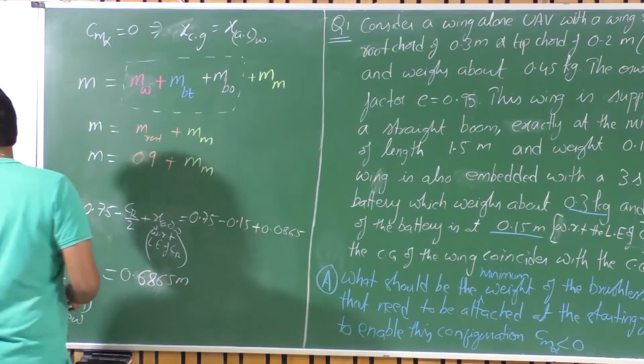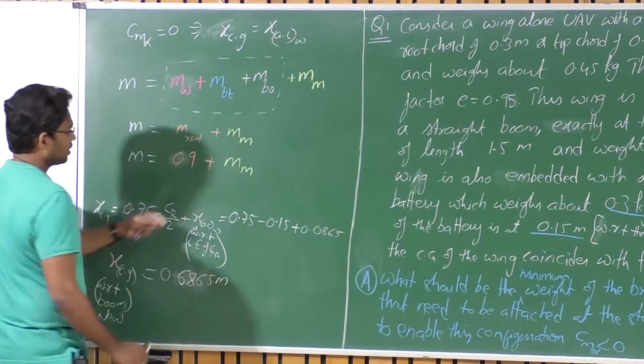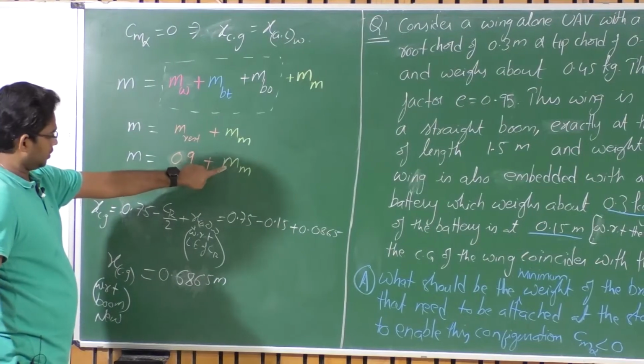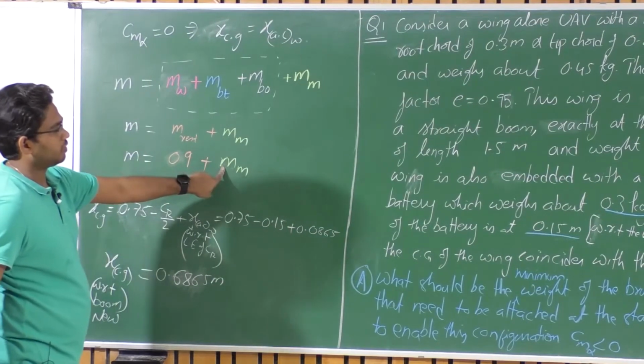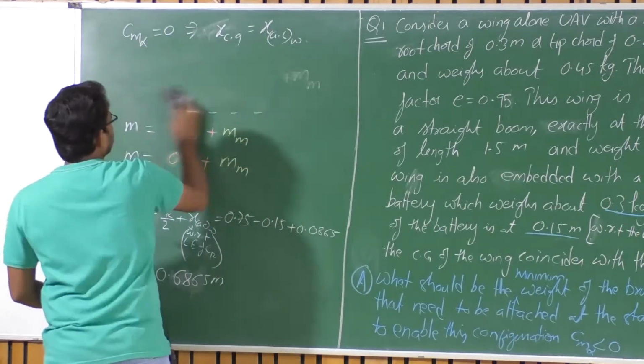Now, in order to achieve this new XCG, what should be the mass that I need to add? How can I find it out? I am erasing this part.